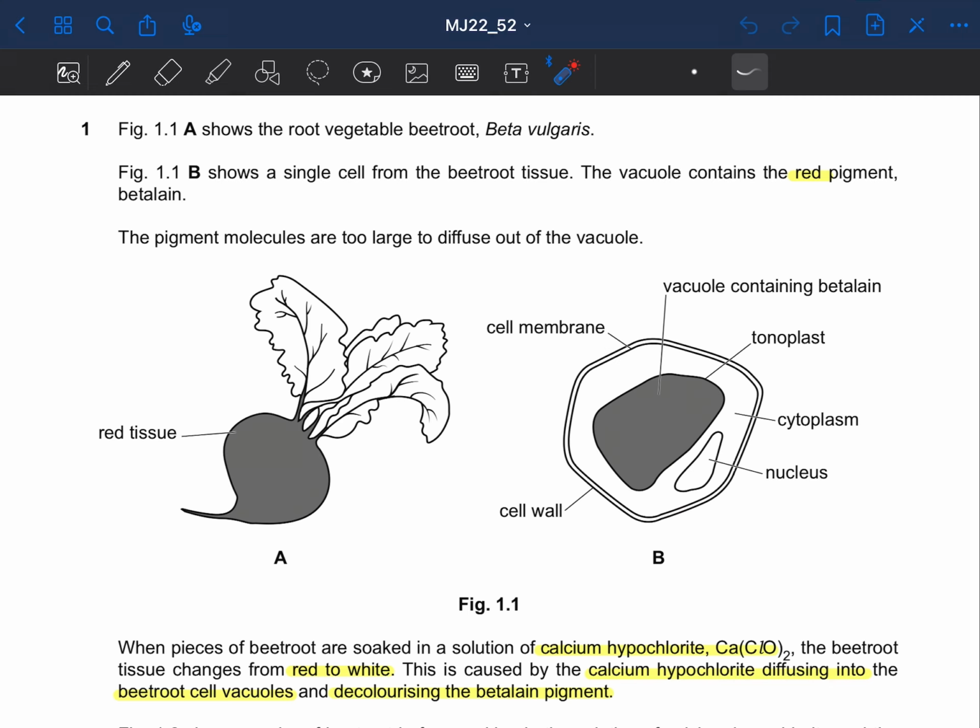So we know that this question is essentially investigating diffusion. That's worth taking note of, so you know what they are testing, and of course diffusion is from topic 4, wherein we look at the movement of substances in and out of the membrane.